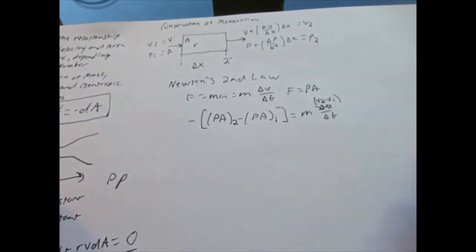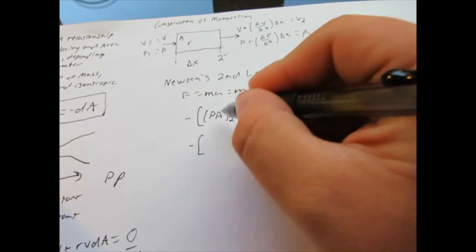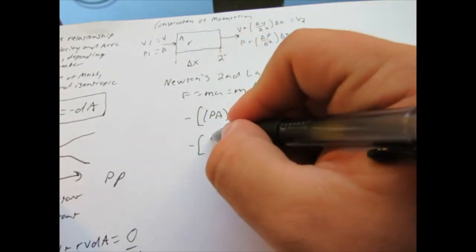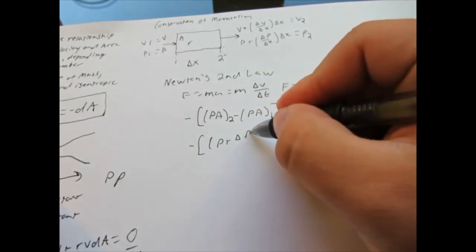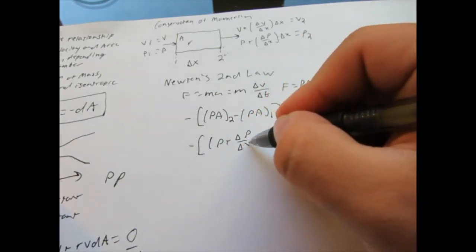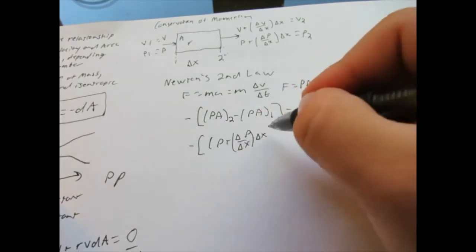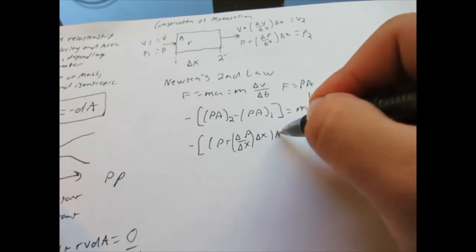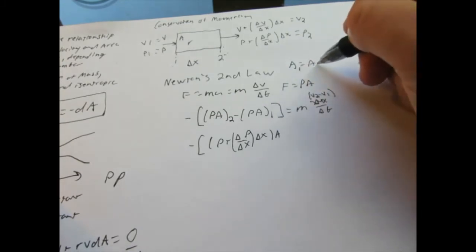Okay, so we're going to substitute our P1 and P2 into this equation. So you're left with negative, P plus delta P over delta X times delta X, times area. And also our areas are the same, so A1 equals A2.